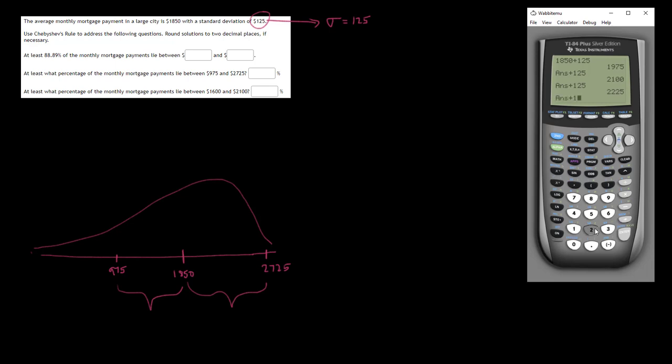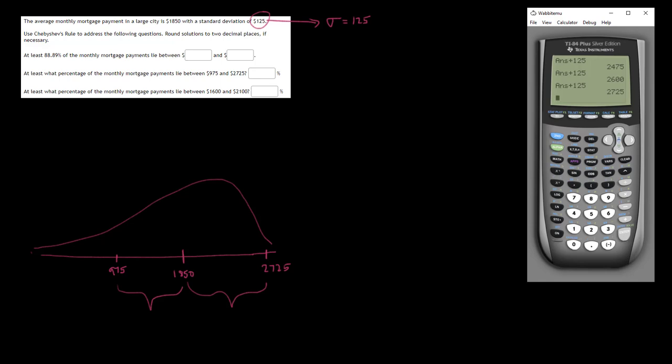Add a 4th. Still not there. Add a 5th. Still not there. Add a 6th. Nope. Add a 7th. And there you go. We had to add a standard deviation 7 times to get from 1850 to 2725.